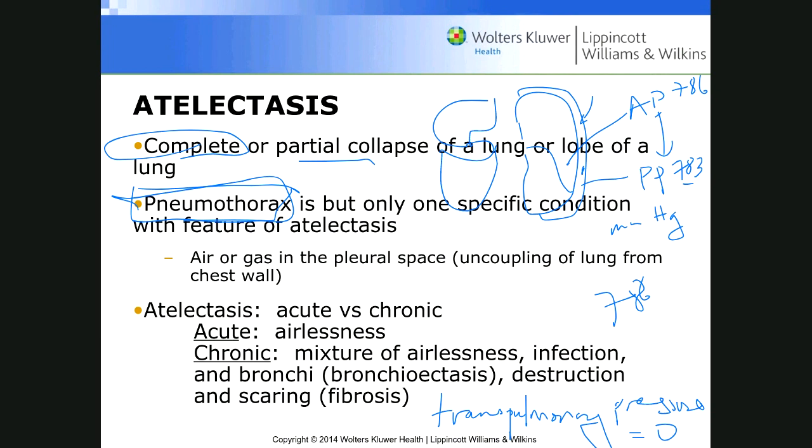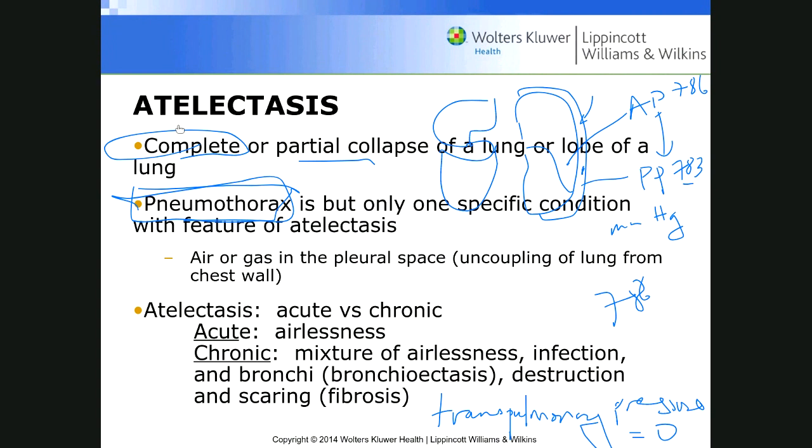And it could be acute, you know. And oftentimes the atelectasis here, like in the case of a pneumothorax, acute, is often related to stabbing, for example. But it's not uncommon that one of the common causes of atelectasis is post surgery.